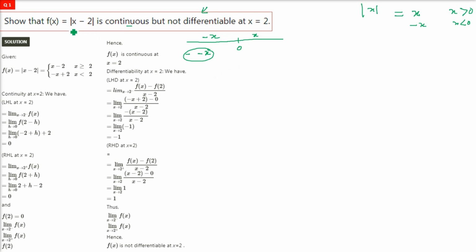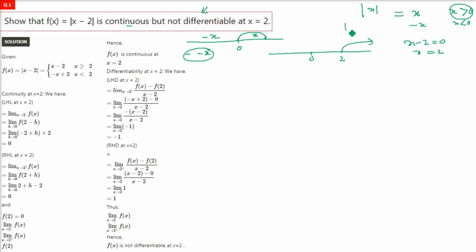Okay. Now when we have mod x minus 2, or x plus 1, that means the modulus is the same, but now it is not 0. Left and right, we don't have to check at 0, but at, say, x minus 2 equals 0, which is x equals 2. So now it has been shifted. We have to check not at x equals 0, but x equals 2. So the same logic, but the point is now shifted to 2 when x minus 2 is 0.